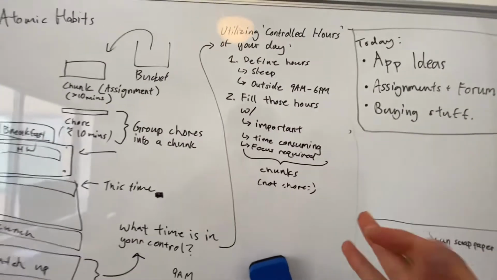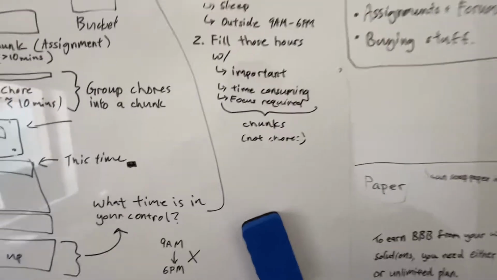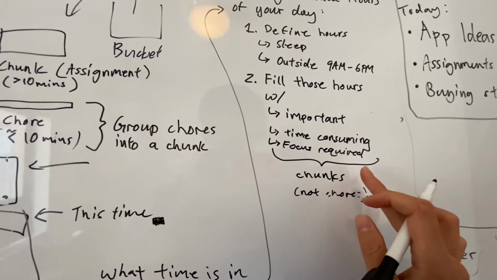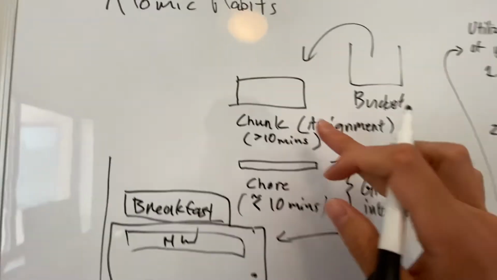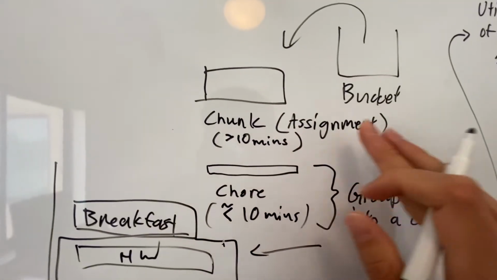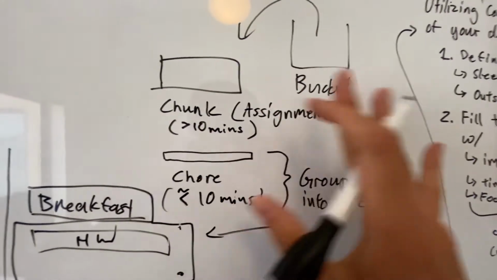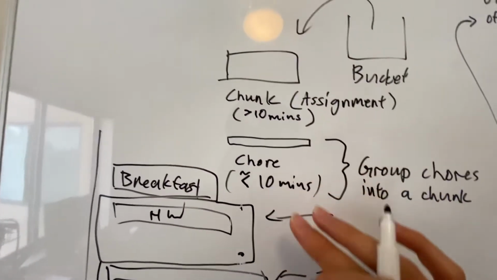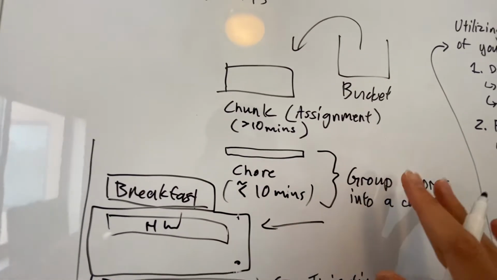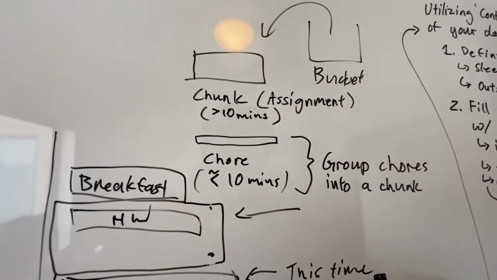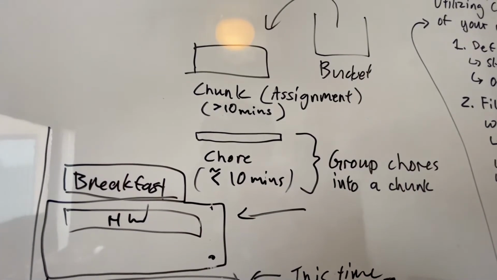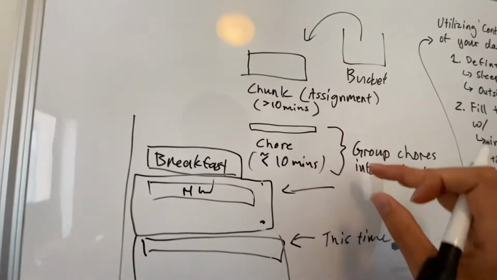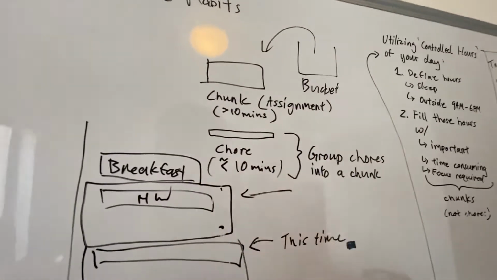So you need to really focus on this task. And the common thing among those is that they're generally going to be your chunks. So remember chunks and chores. Your chunks are like your assignments, big things that you just need to get done, that are going to take a long time. Your chores are doing the laundry, cooking something. Actually, cooking would be a chunk because it takes a chunk out of your day. A chore would be things that you can clump together.